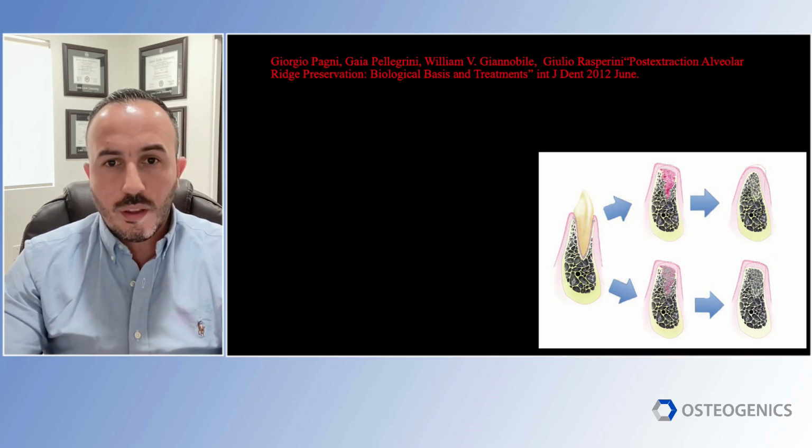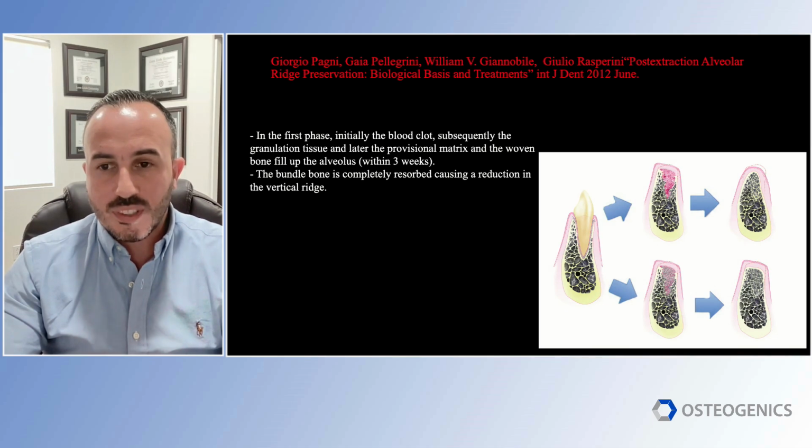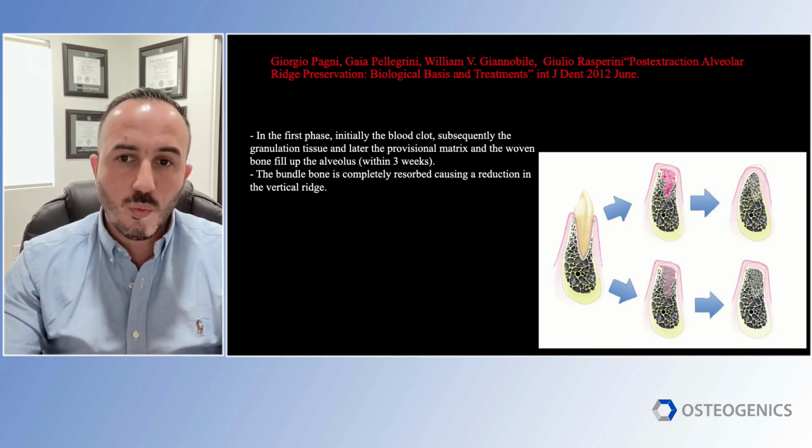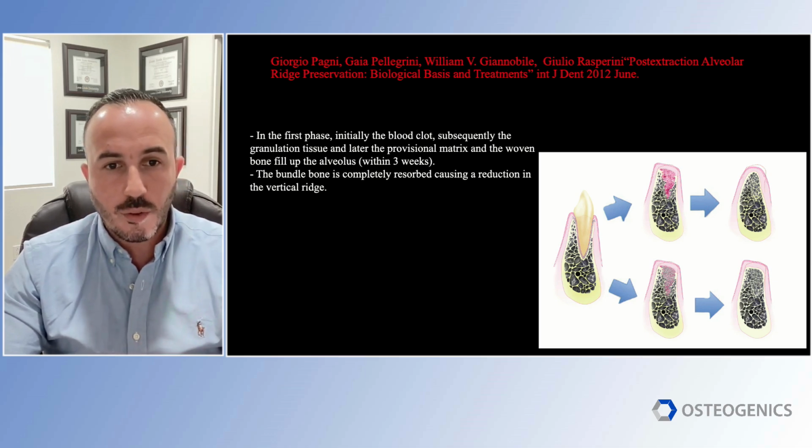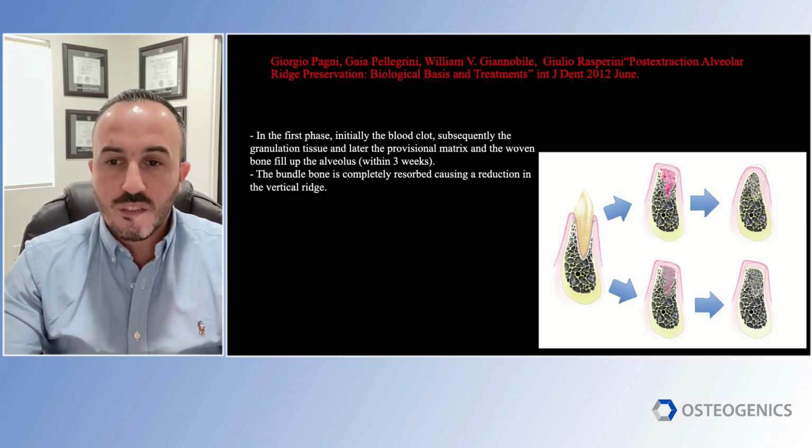Now, in this study, we look at what happens after we extract a tooth. There are a lot of studies out there, but this one explains what research has shown us, and I'll get to that research. We know we have two phases. Initially, a blood clot forms, and that is replaced with granulation tissue, provisional matrix, and woven bone up to 3 weeks.